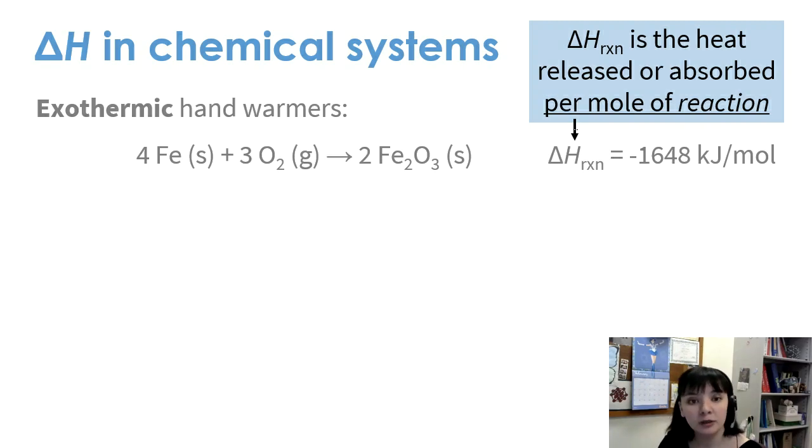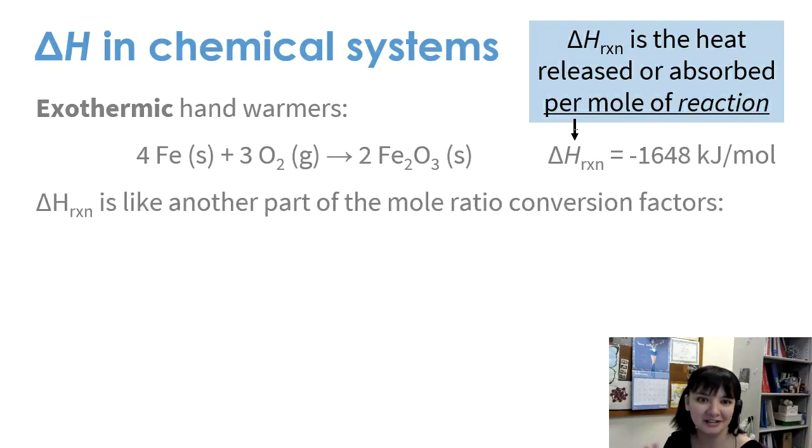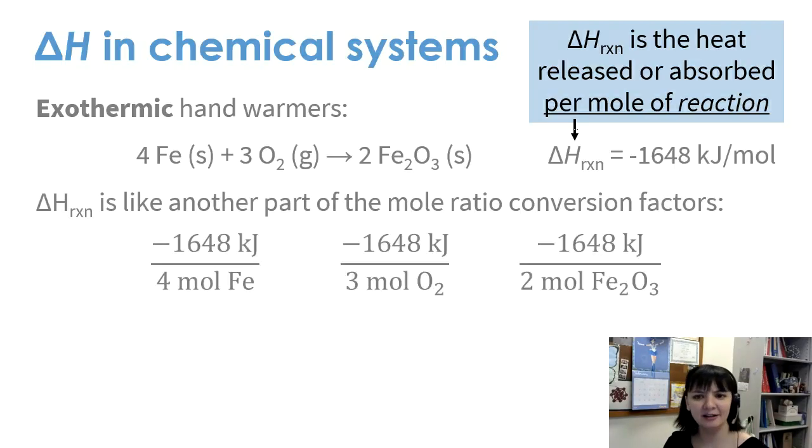In terms of working our delta H reaction into our different conversion factor problems, we can think of that delta H as just another mole ratio. So what I mean here is taking our molar coefficients from the balanced equation and relating that to delta H reaction. Again, that negative 1,648 kilojoules is per mole of the entire reaction.